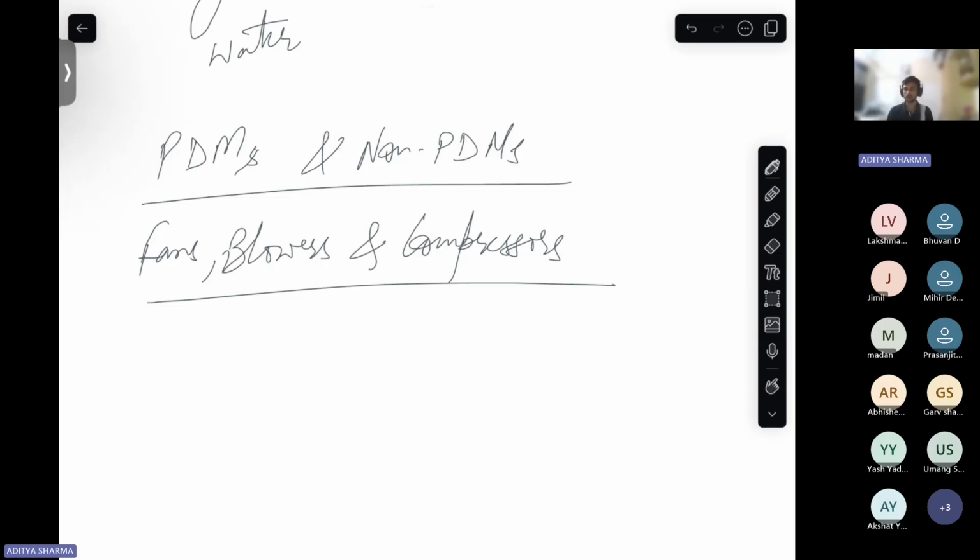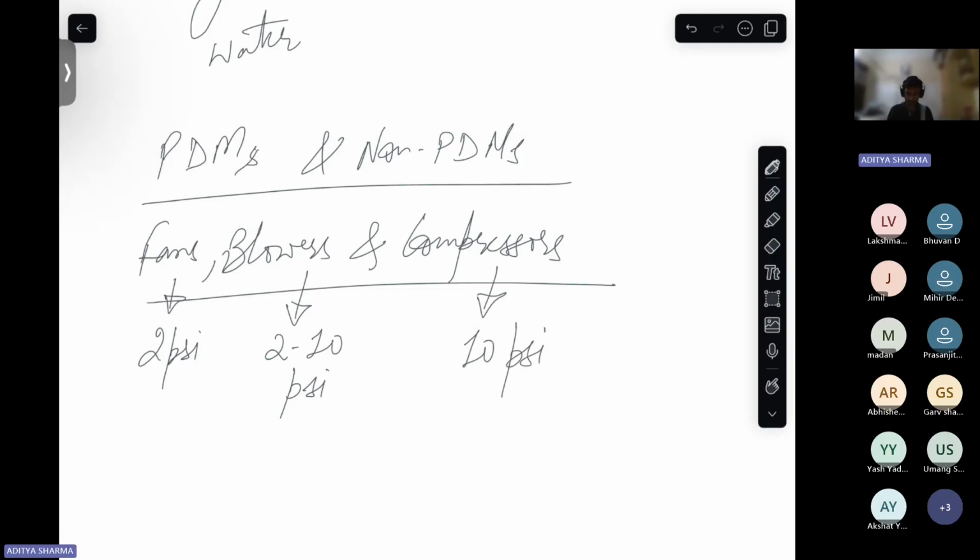So if your pressure rise is within 2 psi, we call it a fan. If the pressure rise is between 2 to 10 psi, that is a blower, right? If it is greater than 10 psi, that is a compressor.